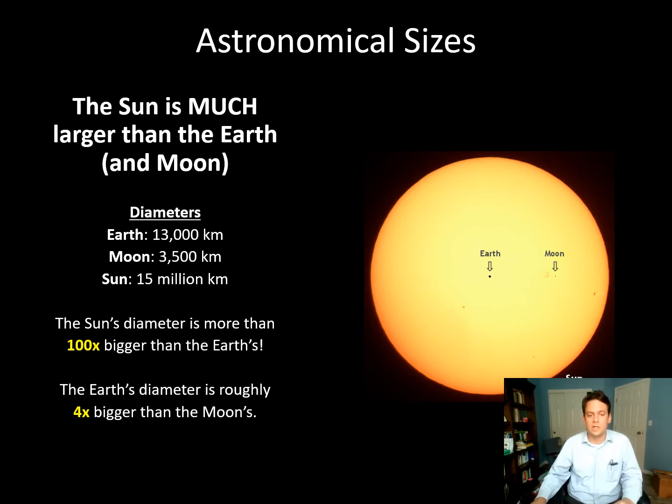To give you some concrete numbers, the diameter of the Earth is about 13,000 kilometers, diameter of the moon about 3,500, and the sun is 1.5 million kilometers. So, to compare those things, the sun's diameter is more than 100 times bigger than the Earth, 109 to be precise, but we often just round that to 100. And the Earth's diameter is roughly 4 times that of the moon.